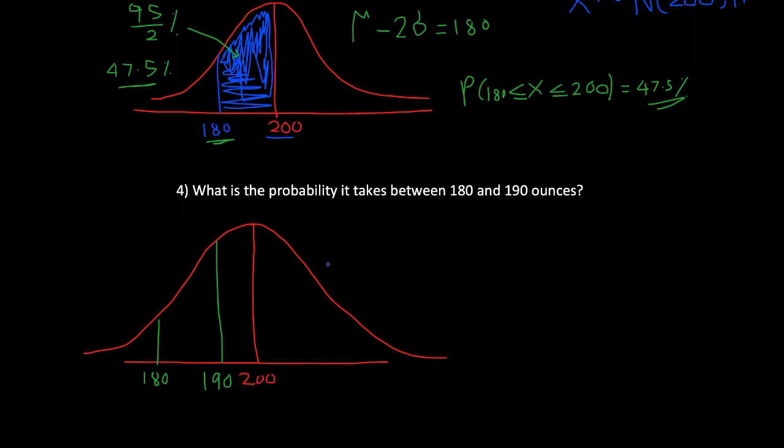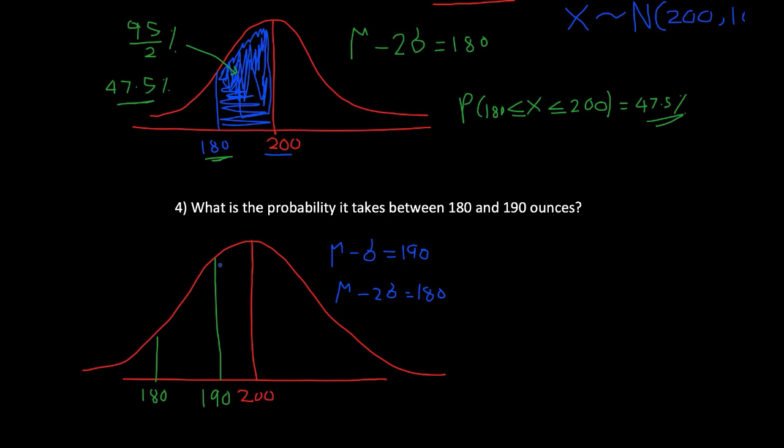So mu minus sigma equals 190 and mu minus 2 sigma equals 180.